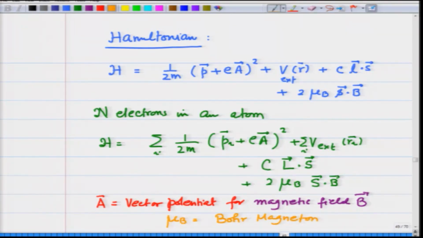This was the Hamiltonian. Now, I will show you how from this we actually got the paramagnetic term and how I get from this the diamagnetic term also.